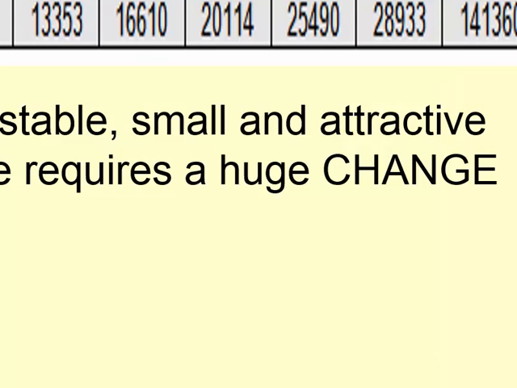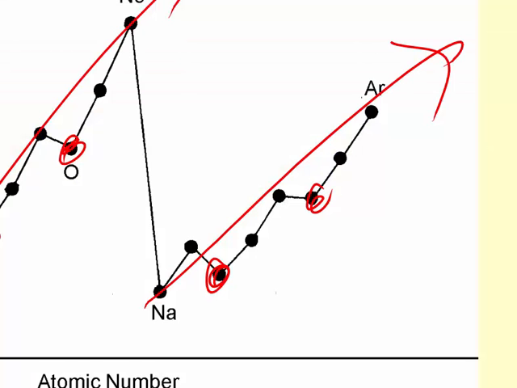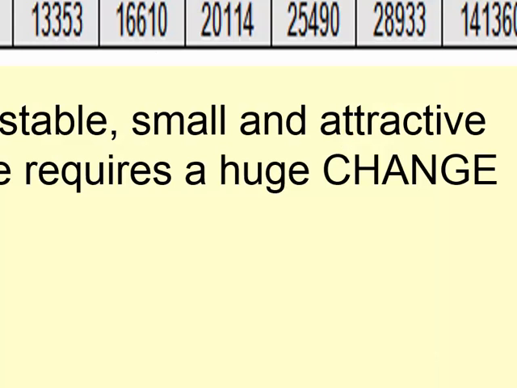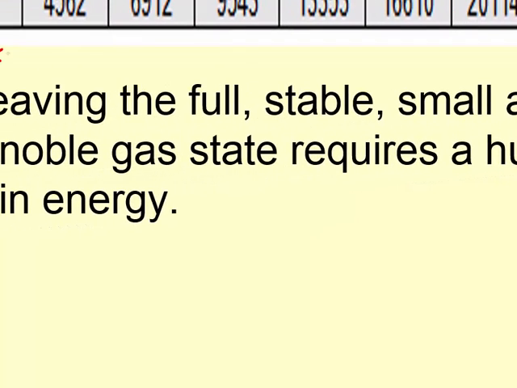Now ionization energies can be used to predict the family. If you leave the full, stable, small and attractive noble gas state, it requires a huge change in energy. Let me show you what happens here. This change is about 500.